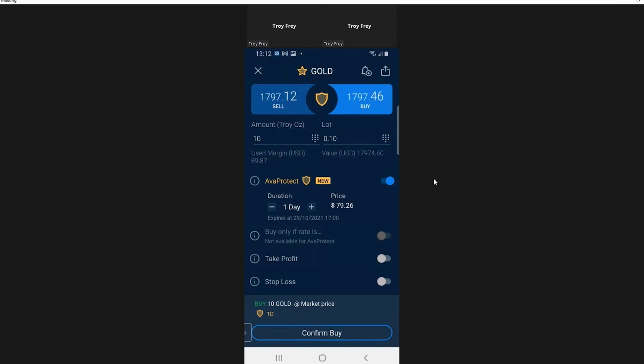Okay, so for a capped cost, small cost, I can let gold ride until this expiration time, and any losses are added back to my account when the coverage ends, or if the trade were to get stopped out, let's say. So very cool feature, lets you rest easy for a capped cost, a known cost for the small premium, and at a trade size like this, if it even goes $10 an ounce in the correct way, you already made back and then some the premium cost.